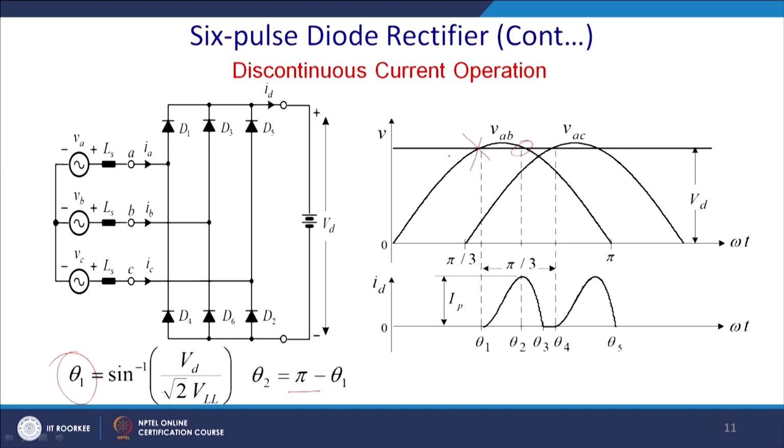Again at this point it will be reverse biased, current will not flow, but for VAC, this phenomenon will occur again. So, ultimately this will conduct from theta 2 to theta 3, and there will be no conduction for this time. Again it will pick up in this duration when VAC again crosses the capacitor value, and so this will be the nature of the current.